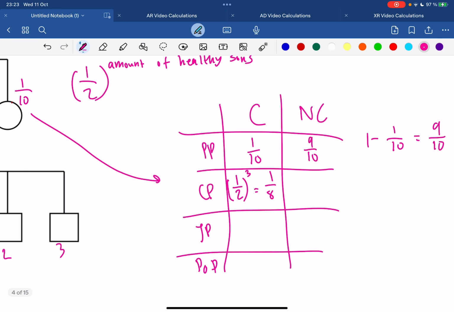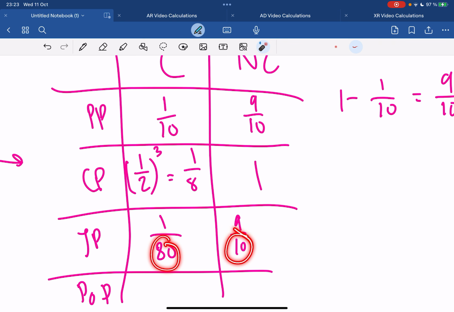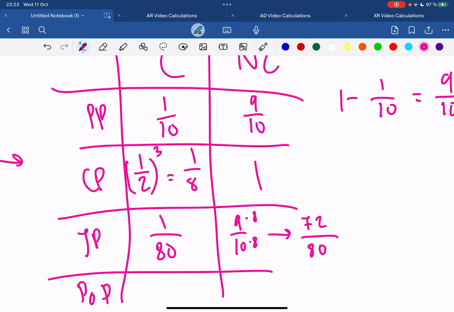And then for non-carriers, of course, 1. And then here we do joint probability, which is the 2 previous ones multiplied with one another. And then here we can write it as 9/10, but since we want the denominators to match up, we just multiply it by 8 here. That is equal to, there we go.